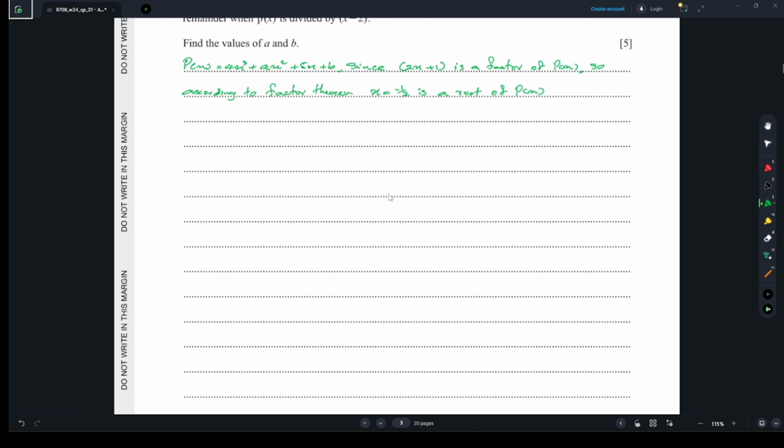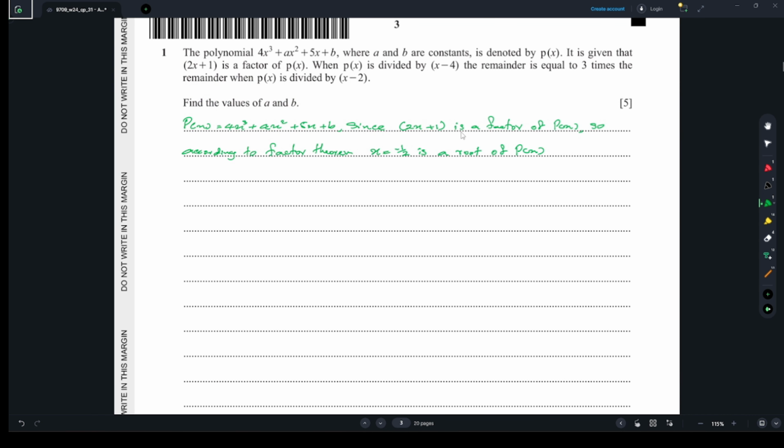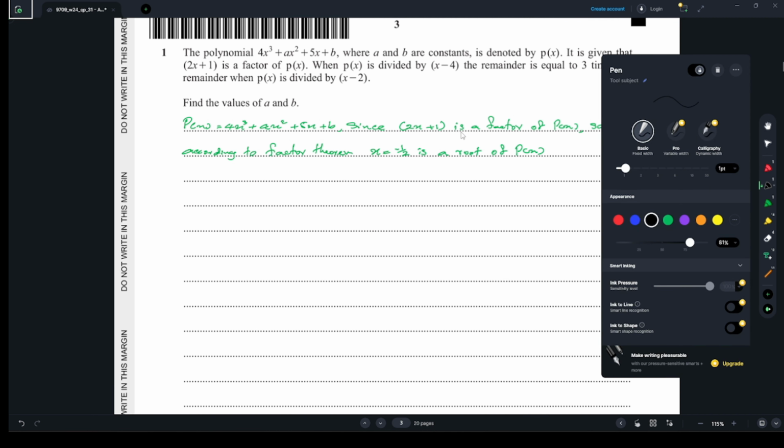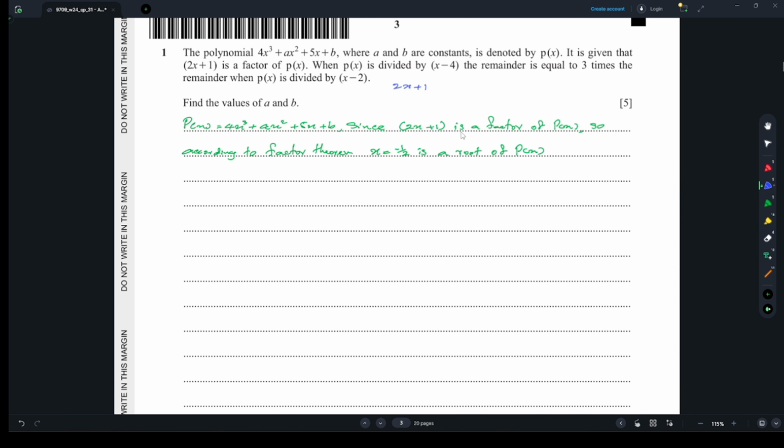When they say that something is a factor, the easiest way is to equate it to 0 and make x the subject. They told us that 2x plus 1 is a factor, so 2x plus 1 equals 0. You bring 1 to the other side, so minus 1, and divide by 2. So x is minus half. That is a root.